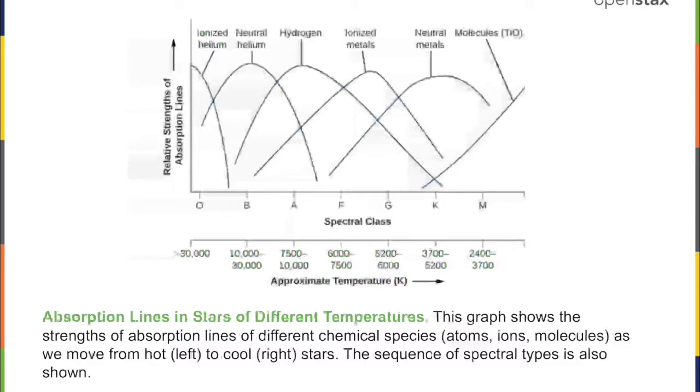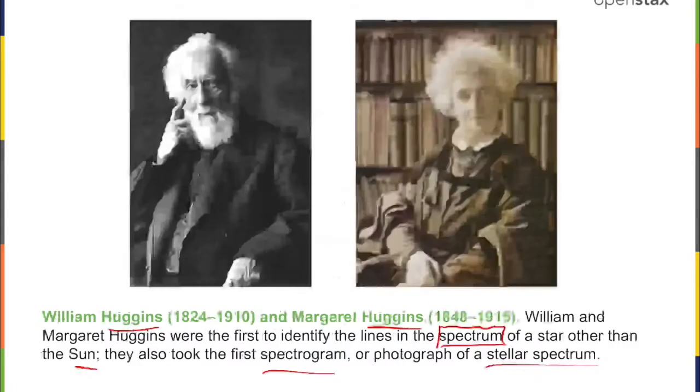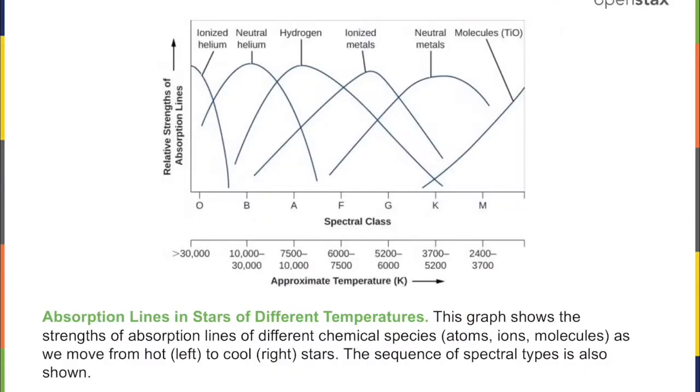Because now, just imagine here, right? Now we have a tool, this photograph of a stellar spectrum, and that can allow us to determine that some stars have molecules, such as iron oxide, some have neutral metals, so elements that would be considered metals, like aluminum or something.